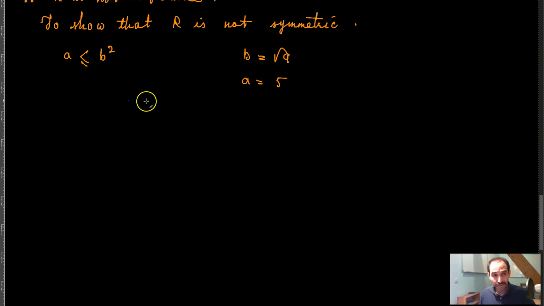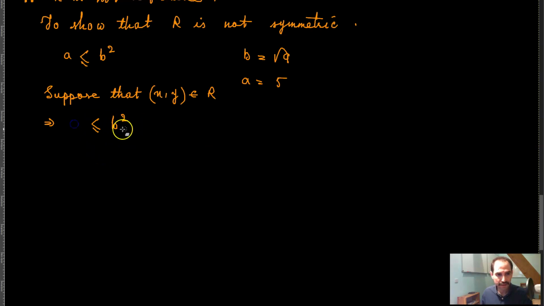Right? So now let's imagine that some (x, y) belongs to R, which implies that basically a is less than or equal to b squared, or which implies that basically x is less than or equal to y squared, right?